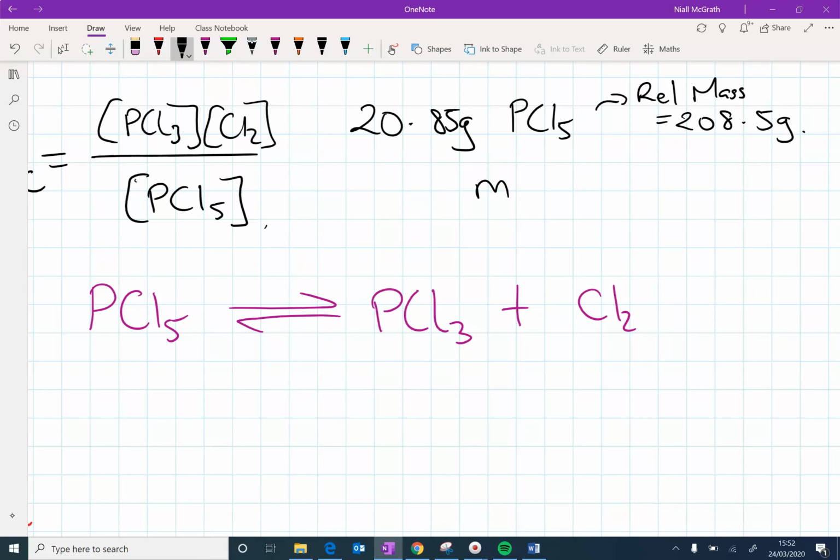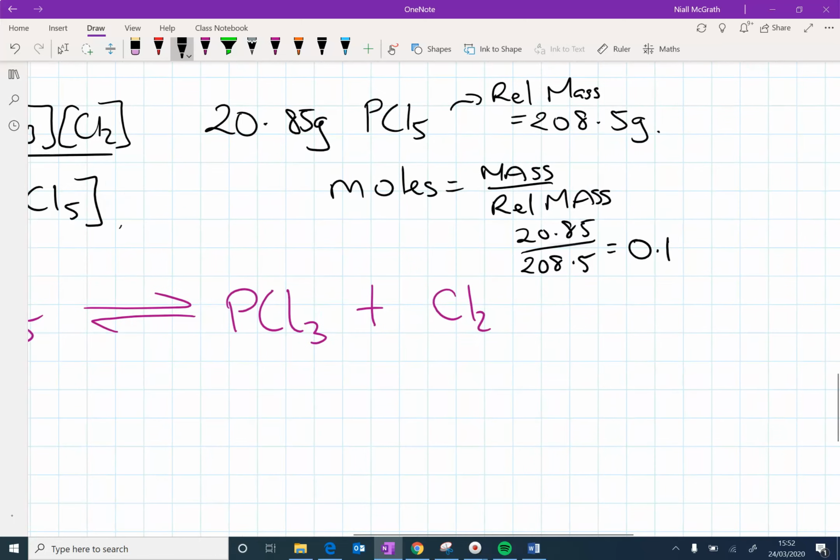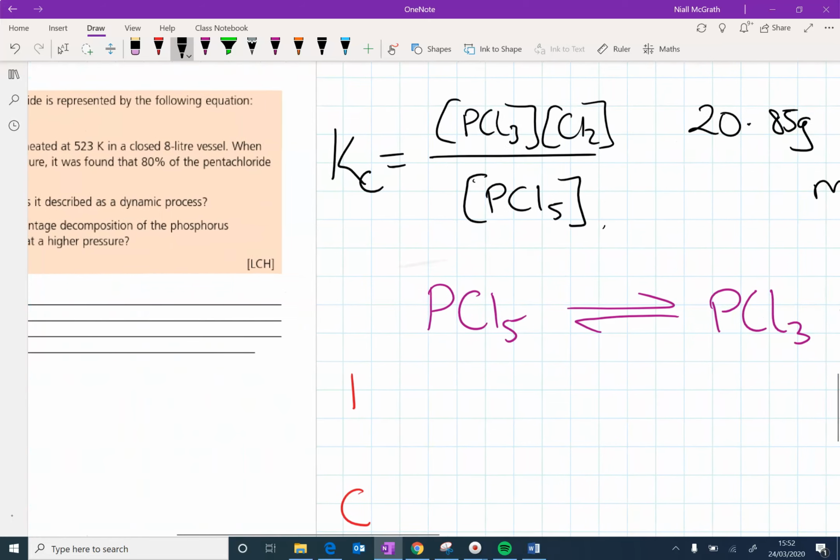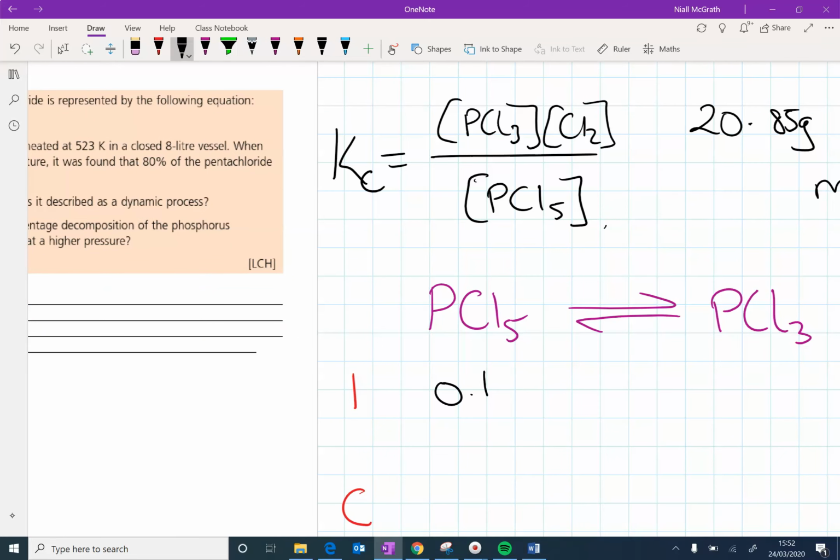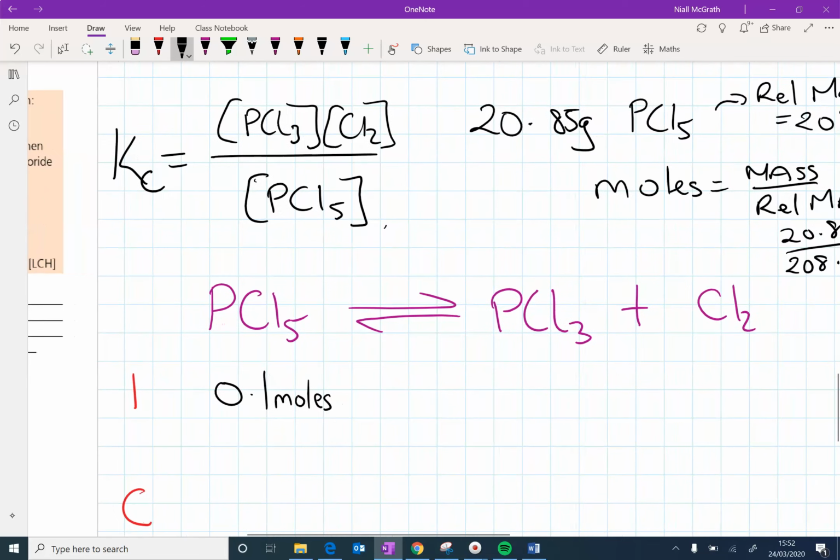So, moles is equal to mass over relative mass. So that's 20.85 over 208.5, so 0.1 moles PCl5 initially. We have no moles PCl3 and no chlorine at the start either.